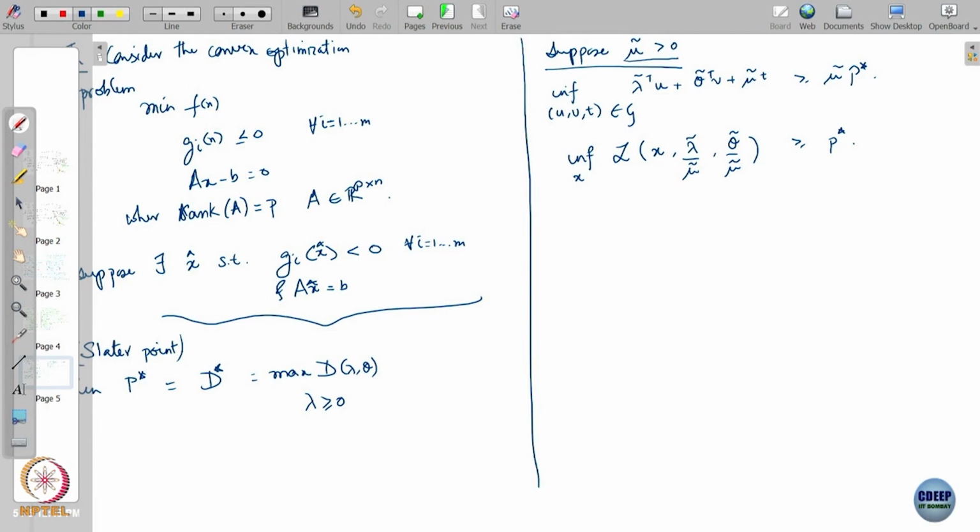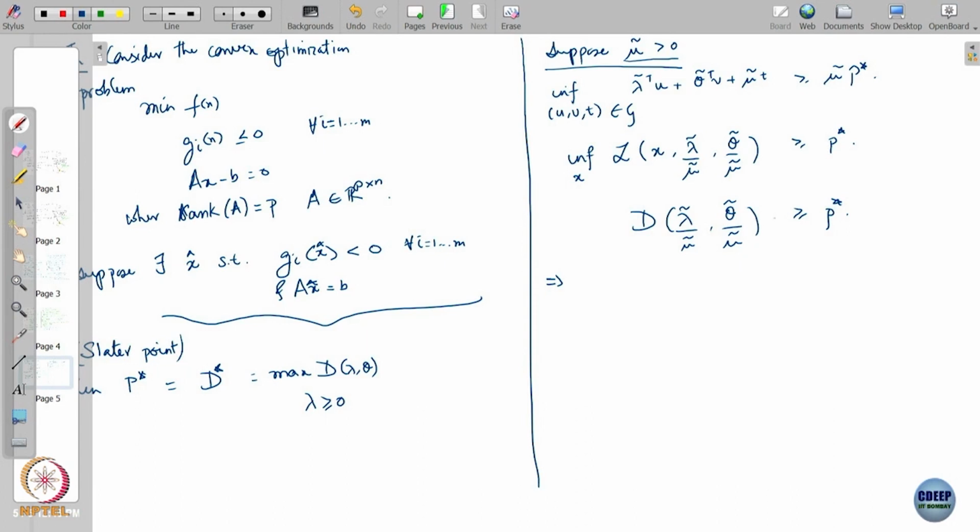So, when mu tilde is greater than 0, this becomes the infimum of the Lagrangian, which is simply d of lambda tilde divided by mu tilde, theta tilde divided by mu tilde, and that is greater than or equal to p star. And what does that mean? This means that we have got the inequality which is opposite of that of weak duality.